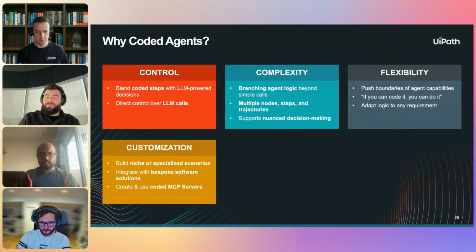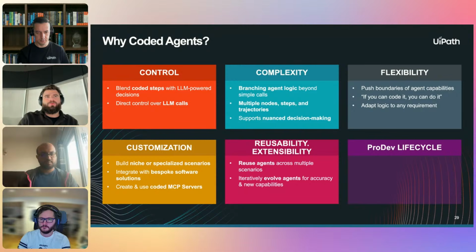In terms of customization, the reality that we face is that we will have to integrate agents with a lot of legacy systems. And as such, you can integrate the agents like tools with bespoke specialized systems and maybe systems that are old that do not expose well-known APIs and so on. In code, you can 100% have the ability to do that.